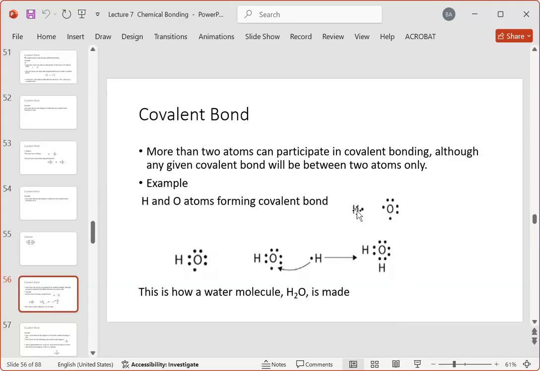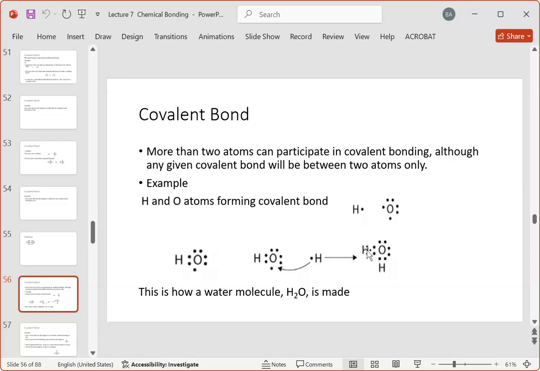So let's see. One hydrogen with one electron, and one oxygen with six electrons. Now one hydrogen bonds with one of the oxygen's unpaired electrons, and then one is left. Over here, the other hydrogen will bond with the one electron that is left on the oxygen.